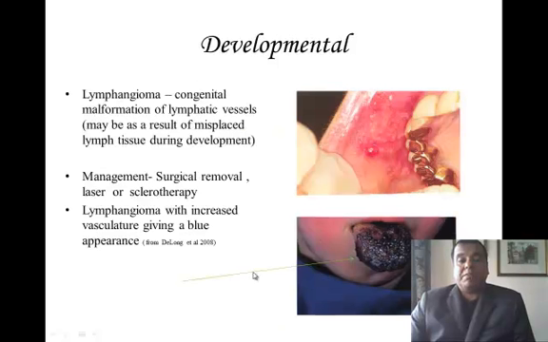Lymphangioma is a congenital malformation of lymphatic vessels, which may be a result of misplaced lymph tissue during development. Management is either surgical removal, laser or sclerotherapy. And lymphangiomas, with increased vasculature, as seen in this diagram, can be quite unsightly.